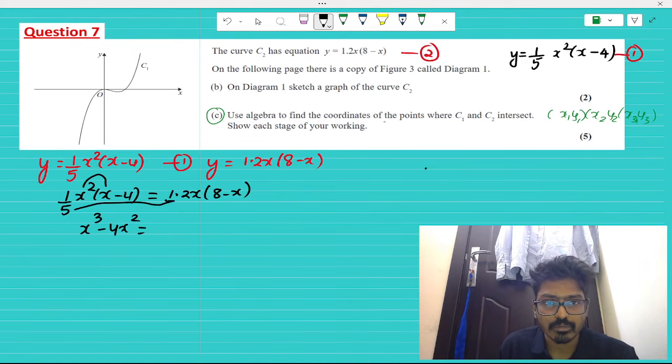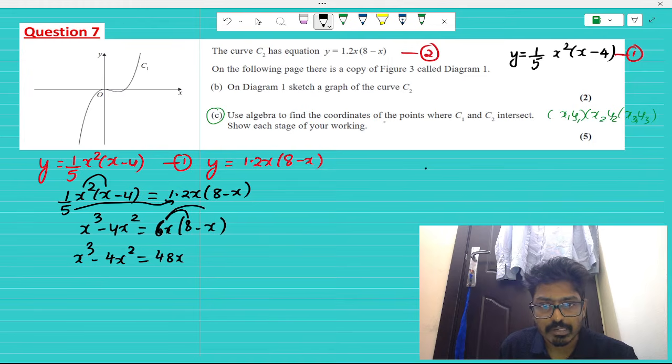I'll multiply with this: 12 times 5 is 60, so 6x, and then 8 minus x. So finally we get x cubed minus 4x squared, which is equivalent to 6 times 8, which is going to be 48x, and then we multiply this, that is minus 6x squared.